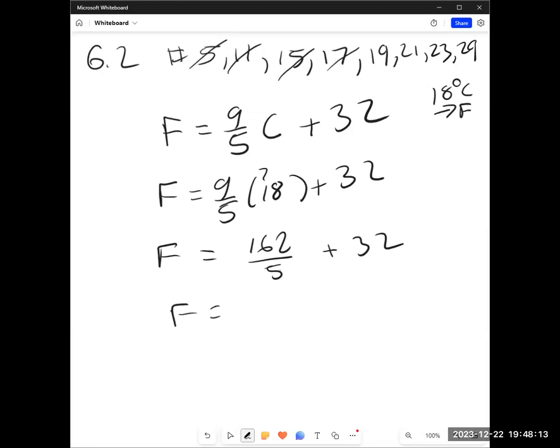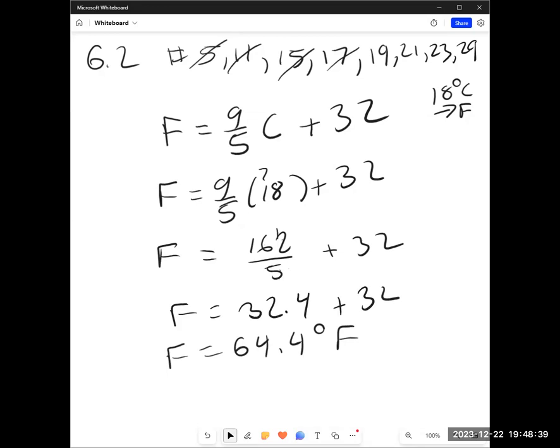F is 32, and 2/5 is 0.4. So F is 64.4 degrees Fahrenheit, like that.